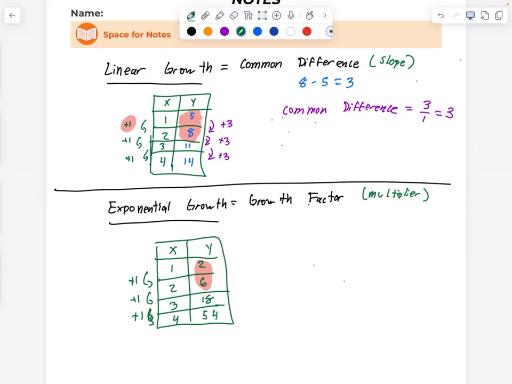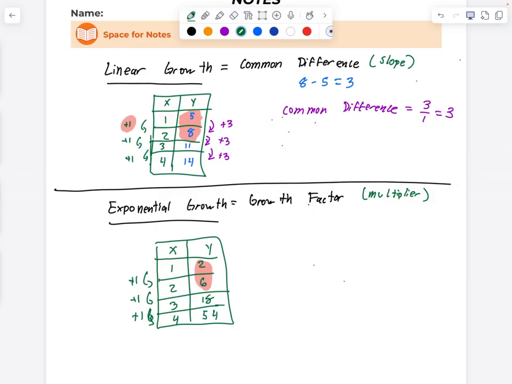How do I find the common growth? Tell me what the multiplier is. What the growth factor in this example is? It's 3. How did you get that? Because if I do 2 times 3, I get 6. Now, you did some other math in your head to get to that number. Division.